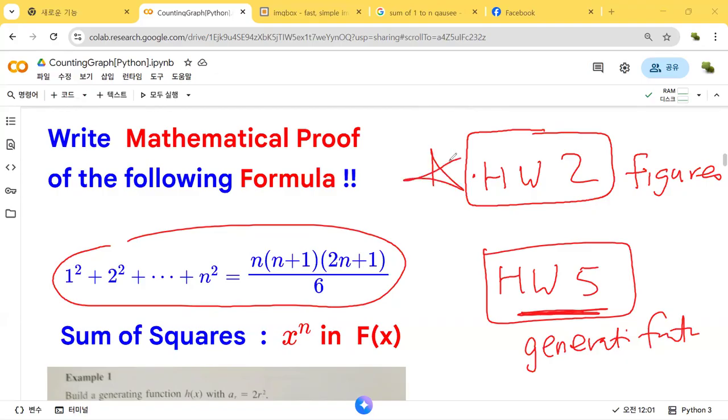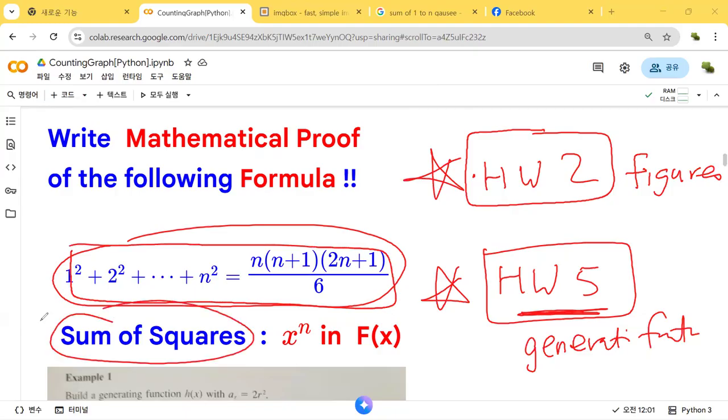So those two methods are very important in discrete mathematics, and I want you to understand both proof methods for this kind of sum of squares. Okay, thank you very much for your attention.